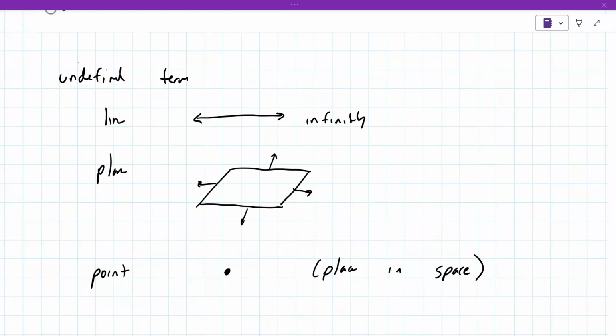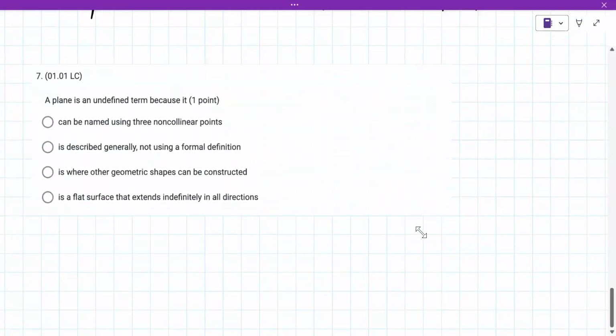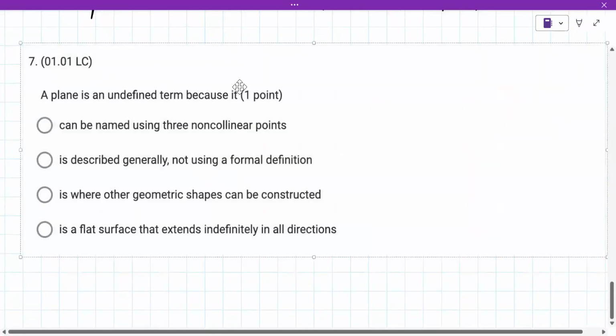All right, so there's the next one here. Really this is asking what is the definition of a plane?